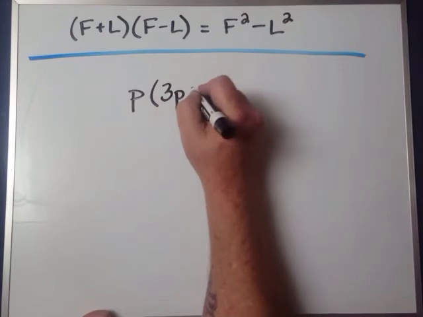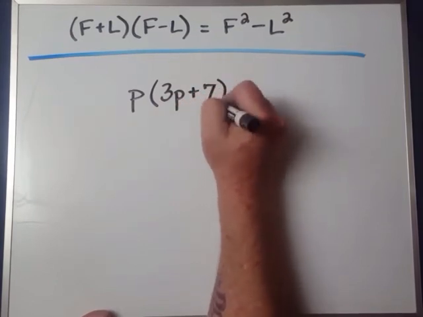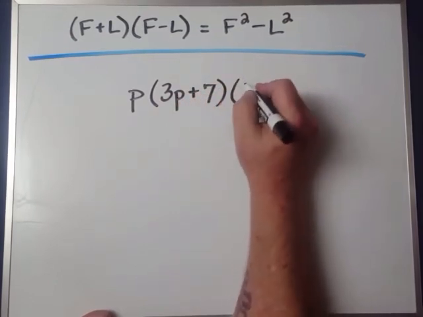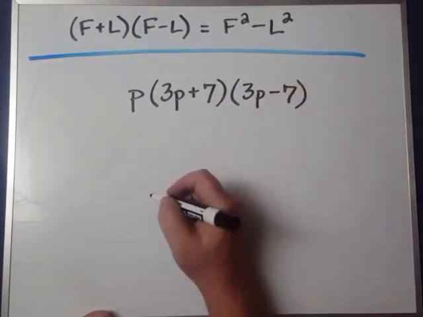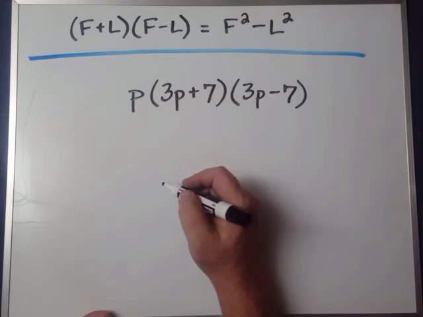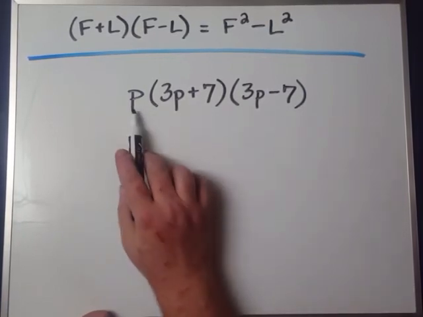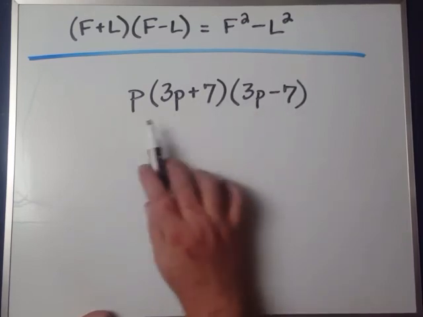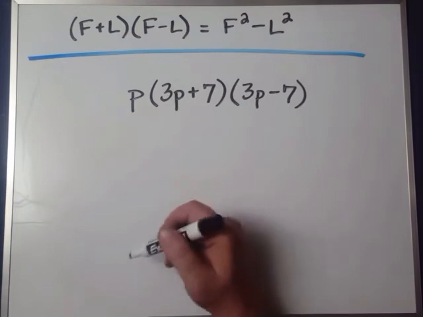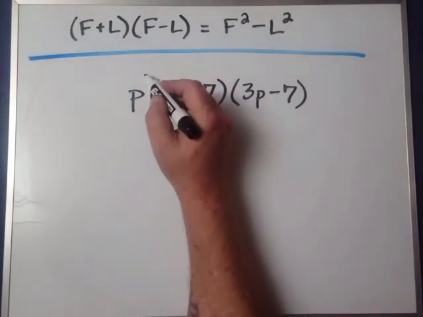I want to work this one two different ways for you. The first way I'm going to work it does not involve the special products from this section. I'm going to multiply this out. This is a monomial times a binomial times a binomial. And if we work this the way we did problems in the last section, we would probably distribute this p.